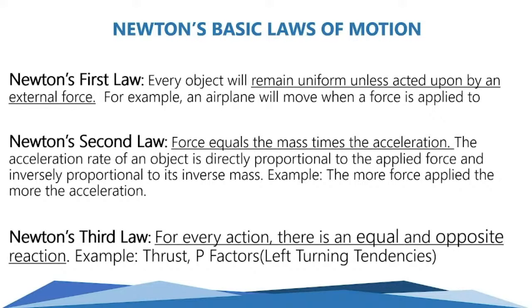The acceleration of an object is directly proportional to the applied force and inversely proportional to its mass. Very simply said, the more force that's applied, the faster the object is going to move, or what we call acceleration. The third law is that for every action, there's an equal and opposite reaction. For this, anytime we have thrust on a single engine piston aircraft, we will have something called left-hand turning tendencies. We're going to look at different factors that make us turn left in Wednesday's class moving forward.